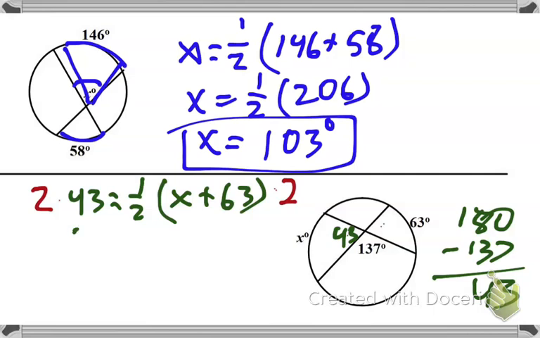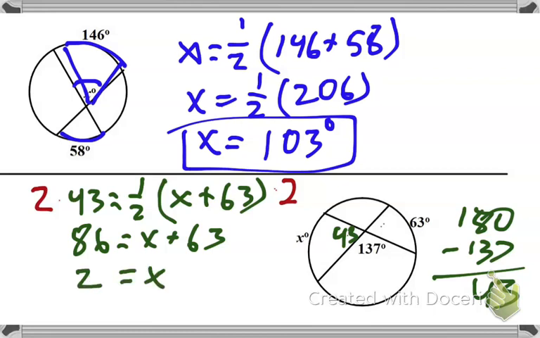And so that gives me 86 is equal to x plus 63. We're going to subtract 63 from both sides, and x is equal to 23 degrees. All right? Clearly not drawn to scale.